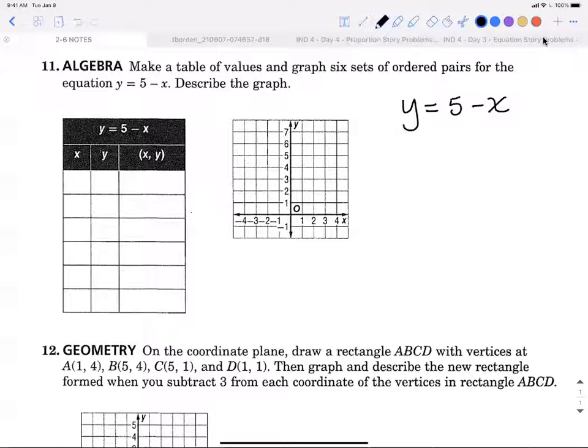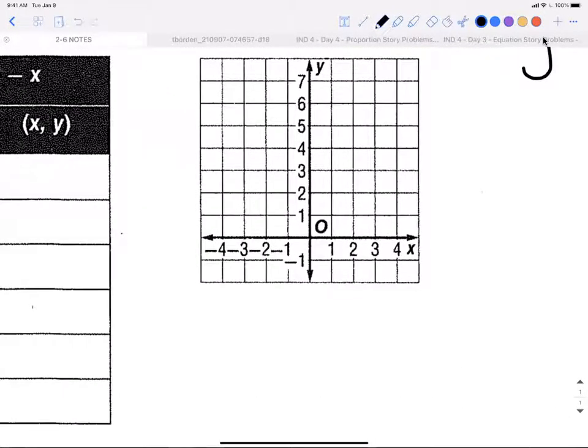All right. Now, we have to be smart about what x's we pick because we're going to have to graph these. And looking at our graph that we were given, what x's should I pick? Somewhere in a range. What do you guys think? Nobody? Here's my x-axis. What if I picked x of 10? Am I going to have a place to graph that?